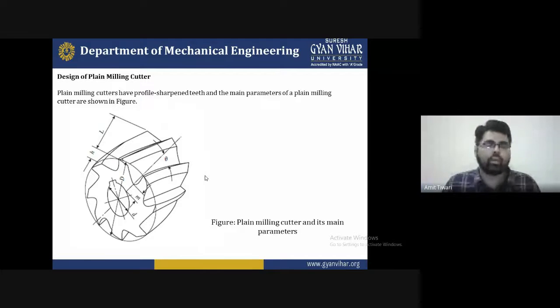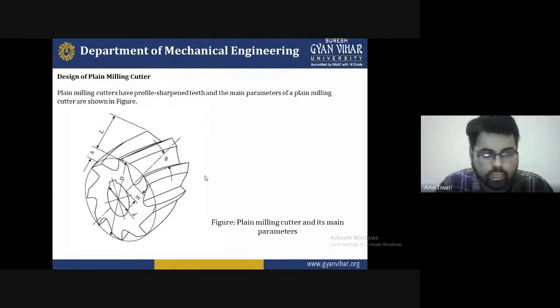The theta angle will be provided depending upon that. So these are the milling cutters we require, having profile shaped teeth, and the main parameters of the plain milling cutter are shown in the figure.